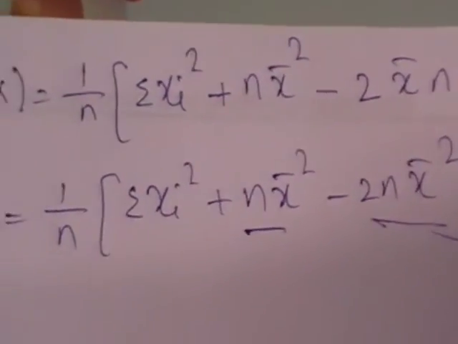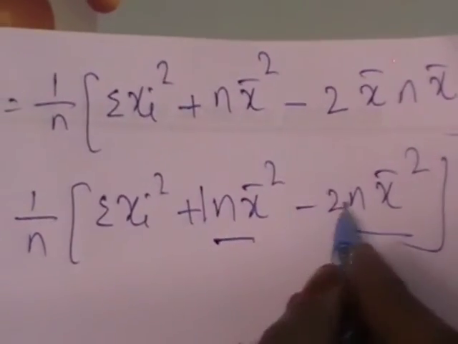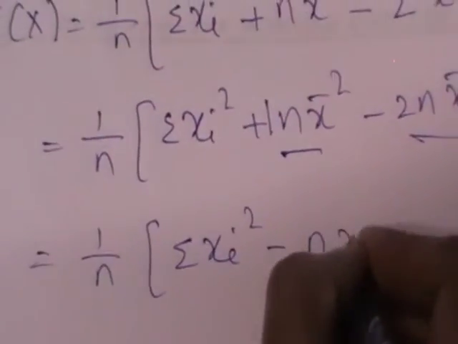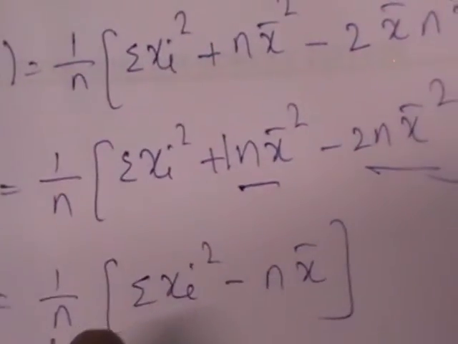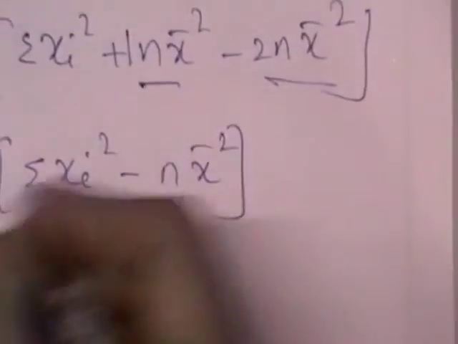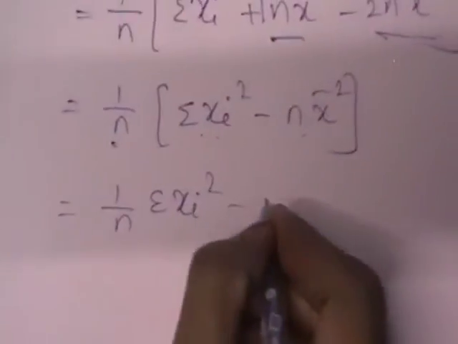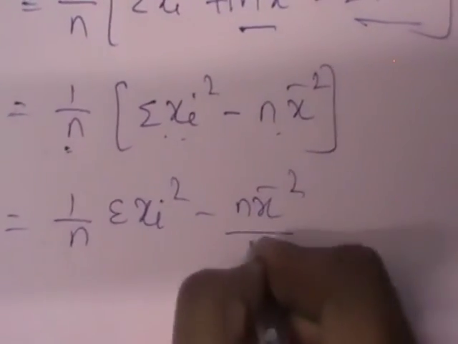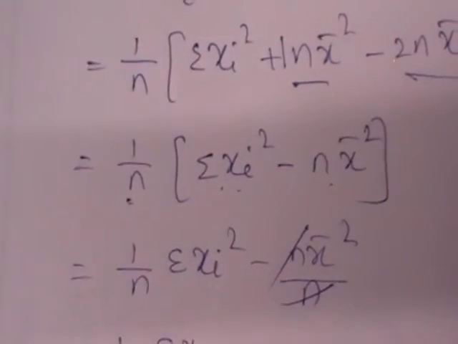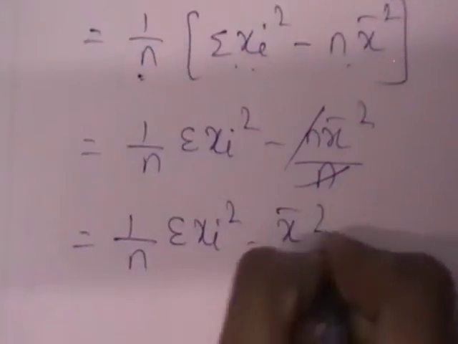You have n x bar square plus 1 x bar square minus 2n x bar square. So you will get 1 by n sigma xi square minus n x bar square. This 1 by n applies to both the first term and the second term. So you will get 1 by n sigma xi square minus n x bar square by n, which gives 1 by n sigma xi square minus x bar square.